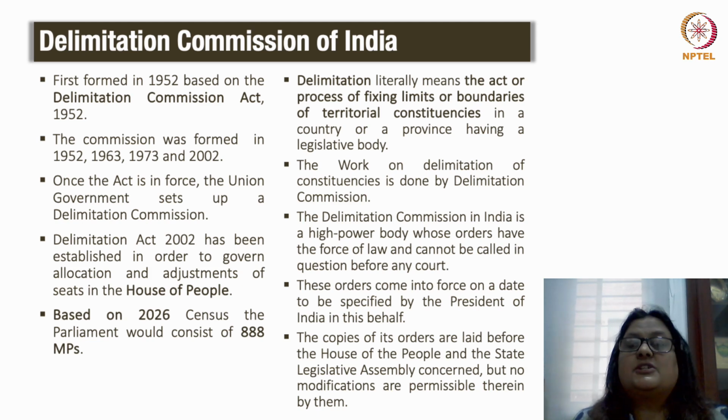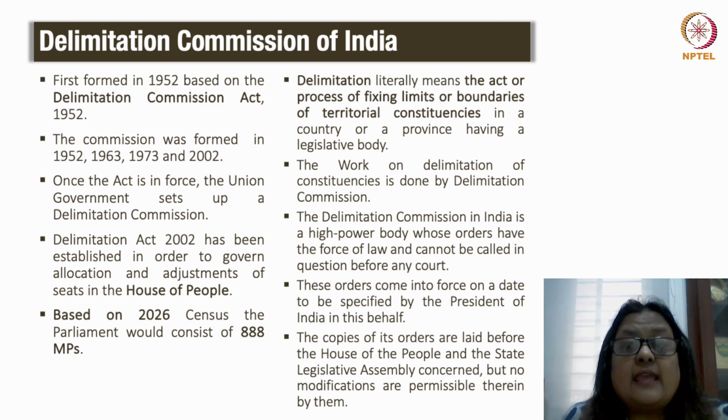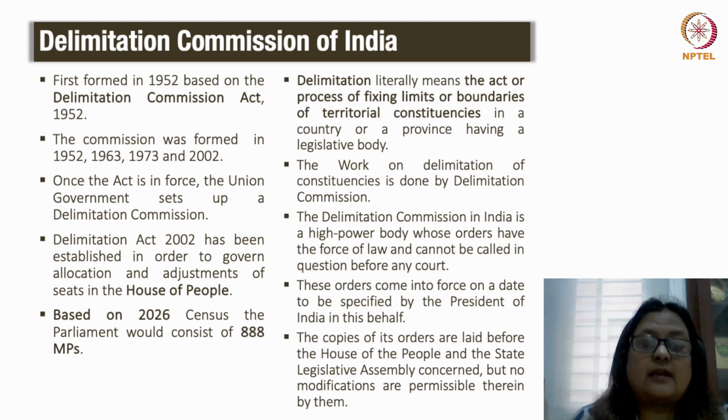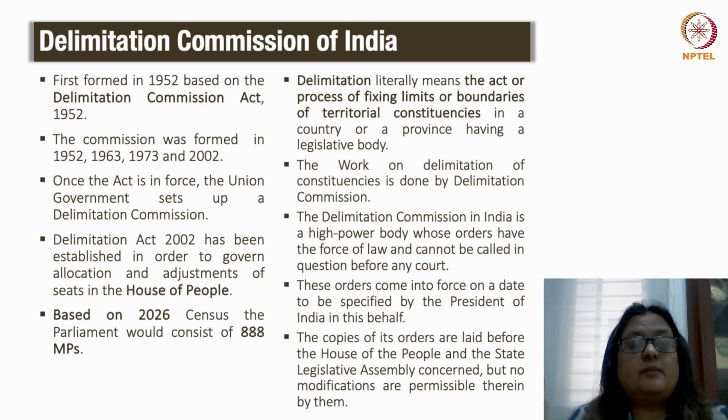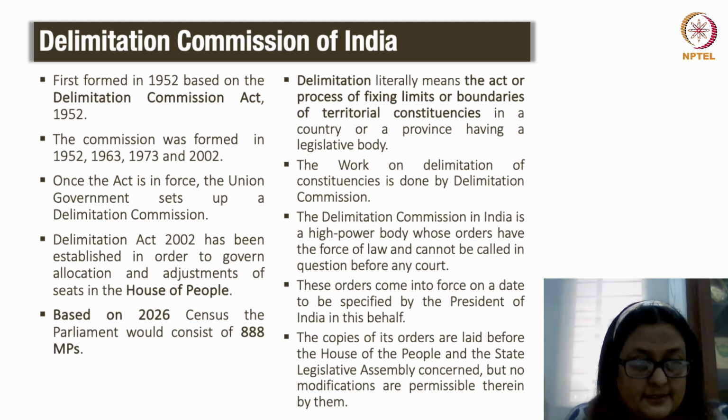The Delimitation Commission of India is a very high-power body whose orders have the force of law and cannot be called in question before any court of law, either the High Court or the Supreme Court, because it has been set up primarily for the formation of constituencies for which the election has to be conducted.